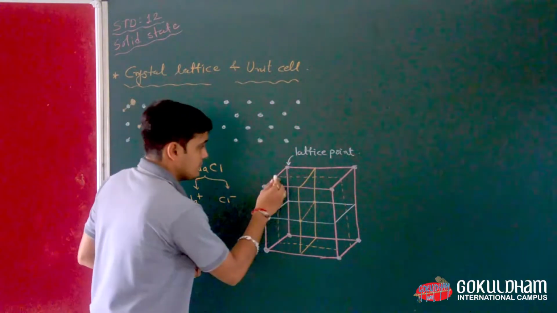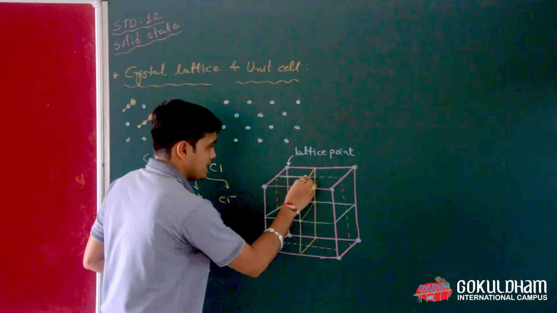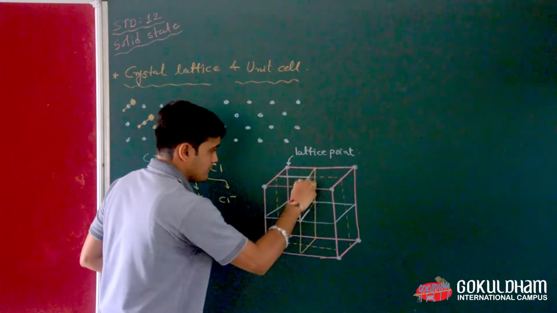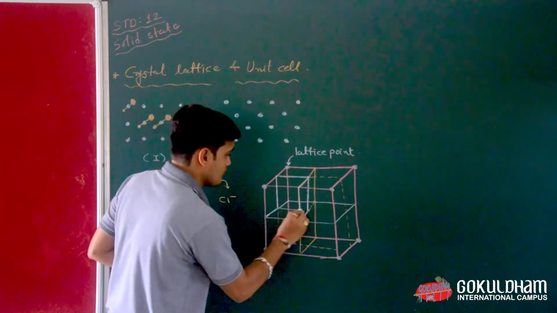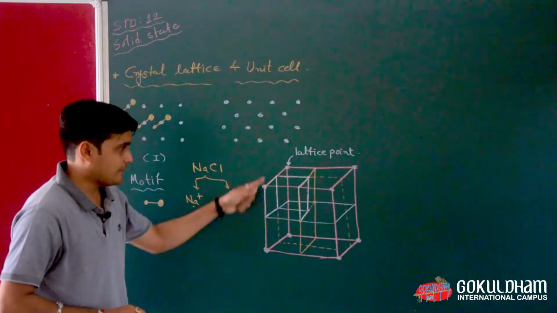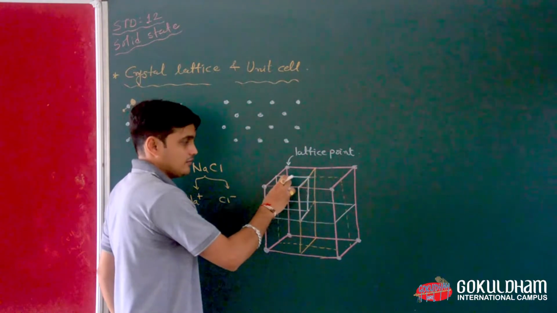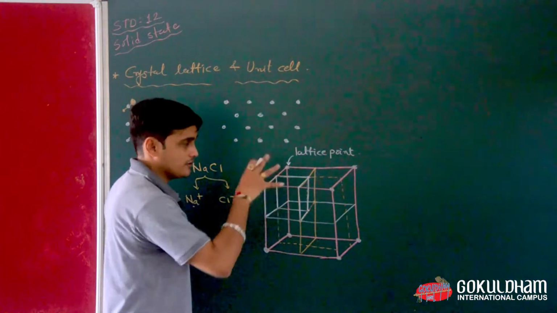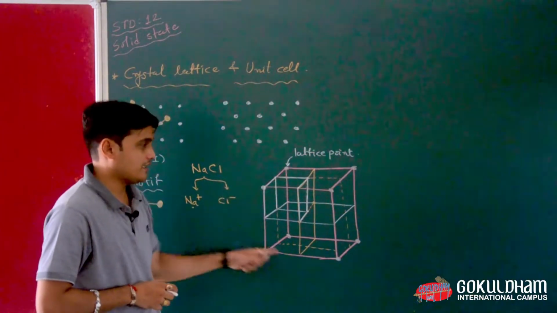So this one highlighted part is known as the unit cell. When this unit cell is repeatedly connected to each other, forming a specific design, it is known as a lattice structure.